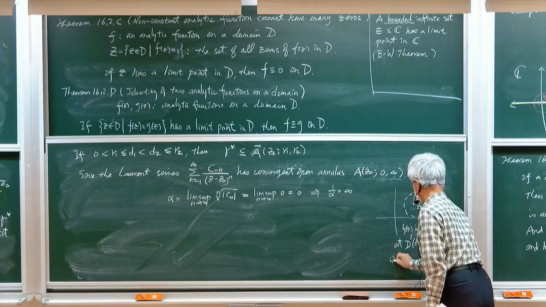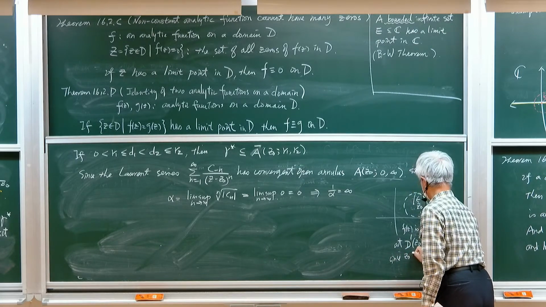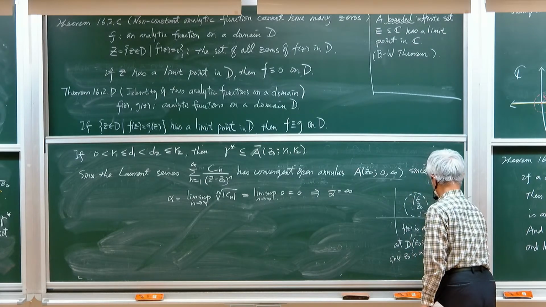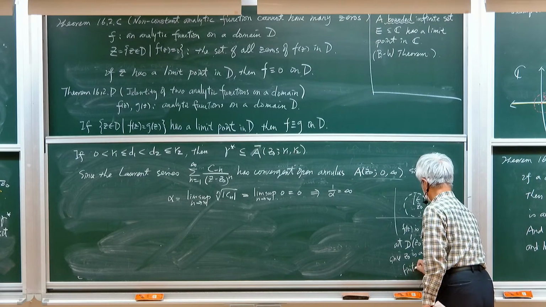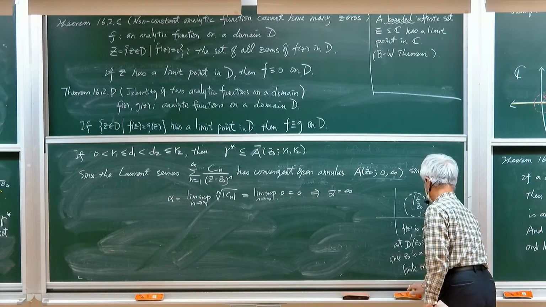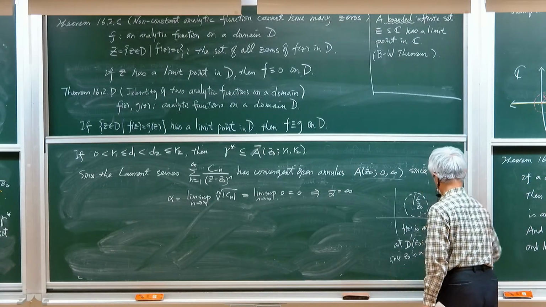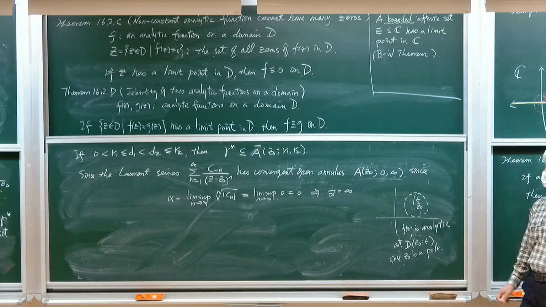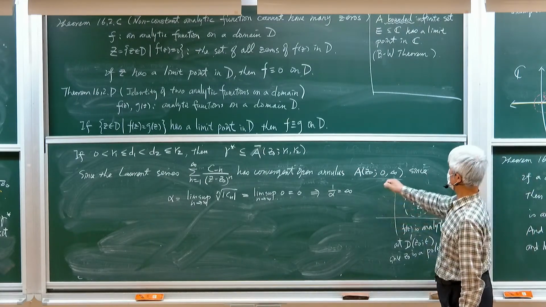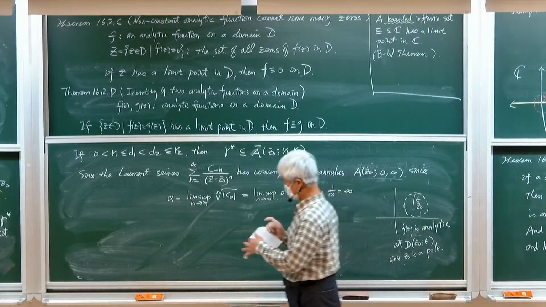Since z0 is a pole of finite order, or just a pole means finite order. So when it's a pole, this is the situation.